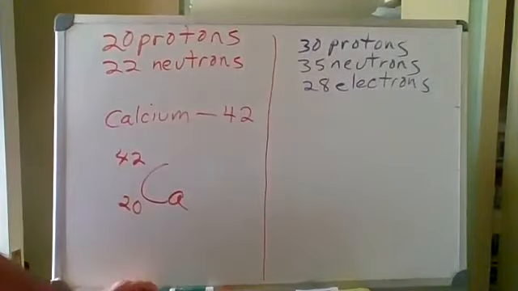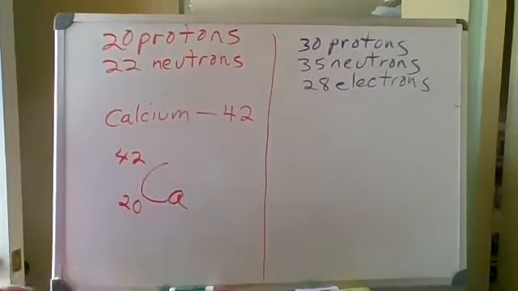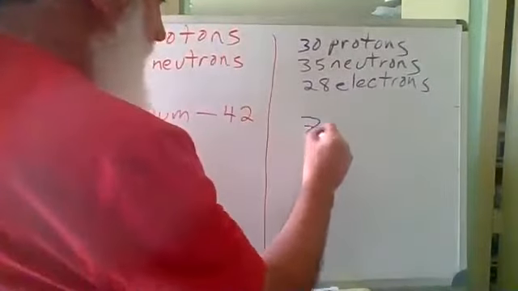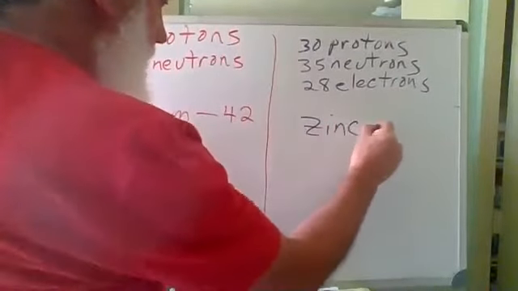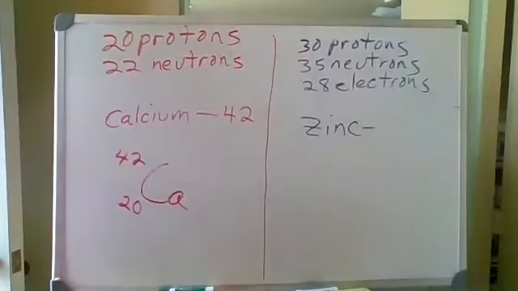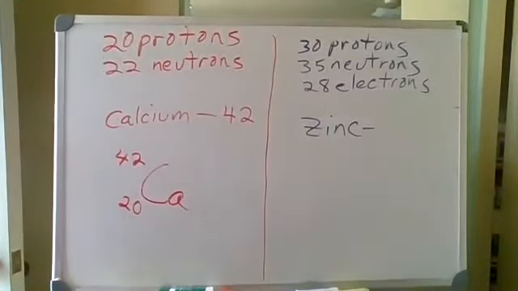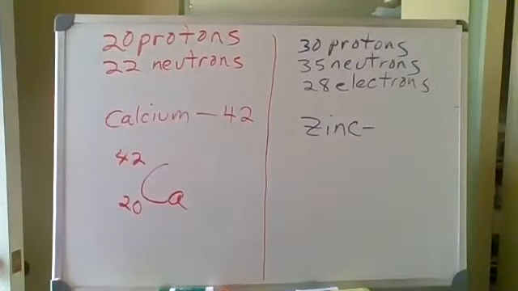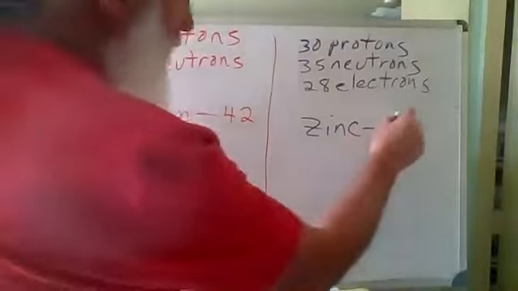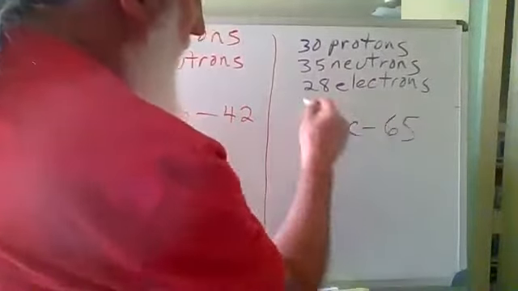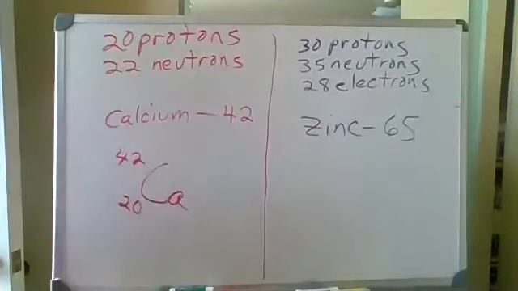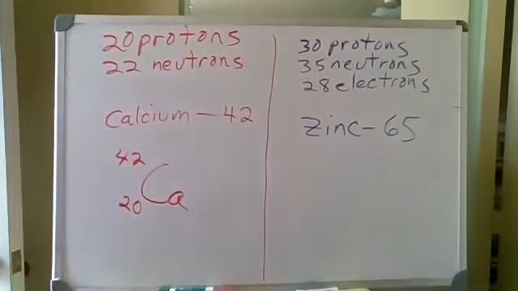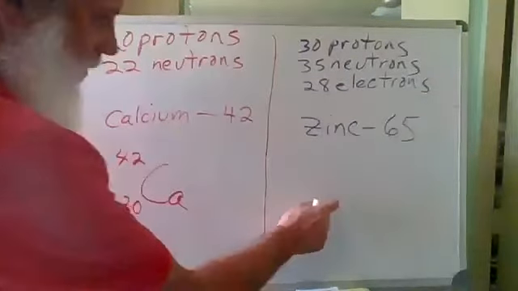Zinc. And what number goes there? The mass. 65. Protons plus neutrons. Remember, we ignore the electrons.